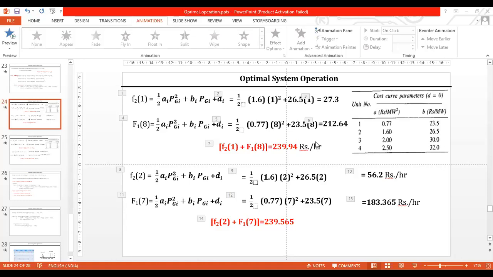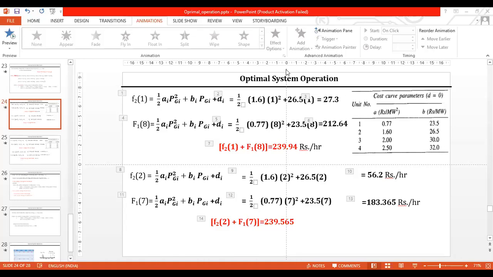When we use the recursive formula, that means two units will be operating. So for 9 megawatt load, we have written the equation and we got almost 10 combinations. For each combination, we have to find out the value.